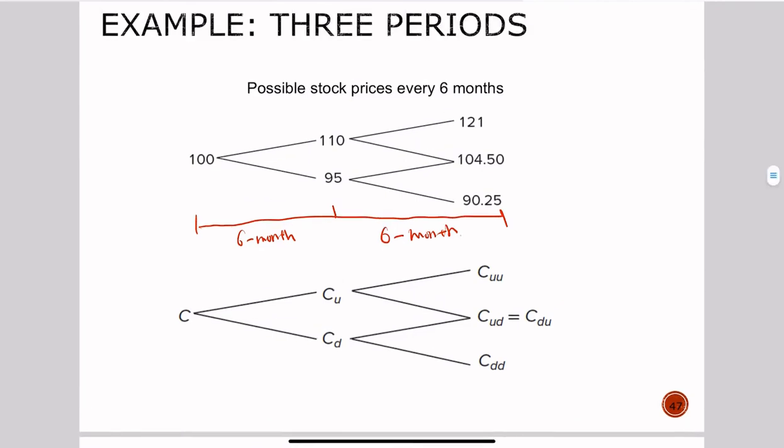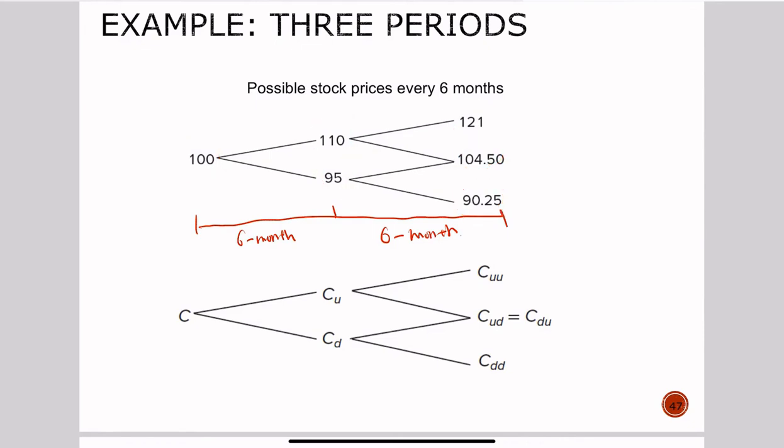So at the beginning of the year, 100. And then after 6 months, it could have 2 values. And then after this, another 6 months, it will have another 2 values, right? So you can see that this is a more complicated model.